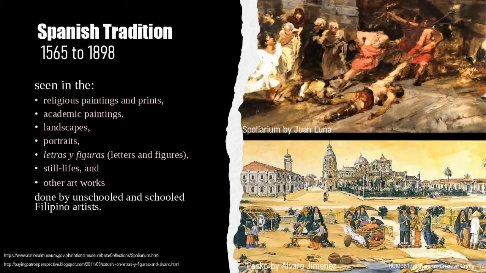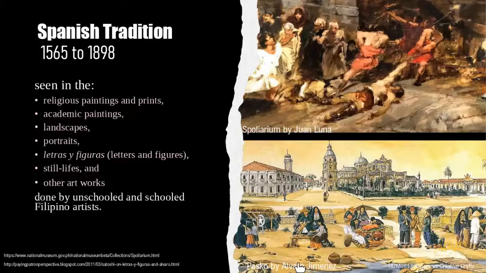And then you have the unschooled as well, those who were not trained in the academy, but still were able to bring out their art to the world. And then the letras y figuras, like what we see here, the Pasko by Alvaro Jimenez. The letras y figuras, which means letters and figures, is based on a 19th century style.